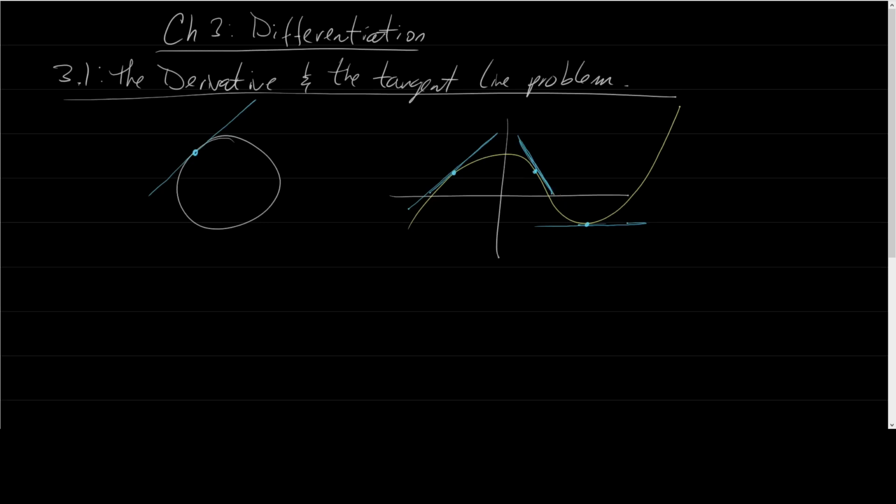I'm drawing three different tangent lines at three different points. In each one of these three points, those are the tangent lines, but the question really arises of how do we find that specific line?